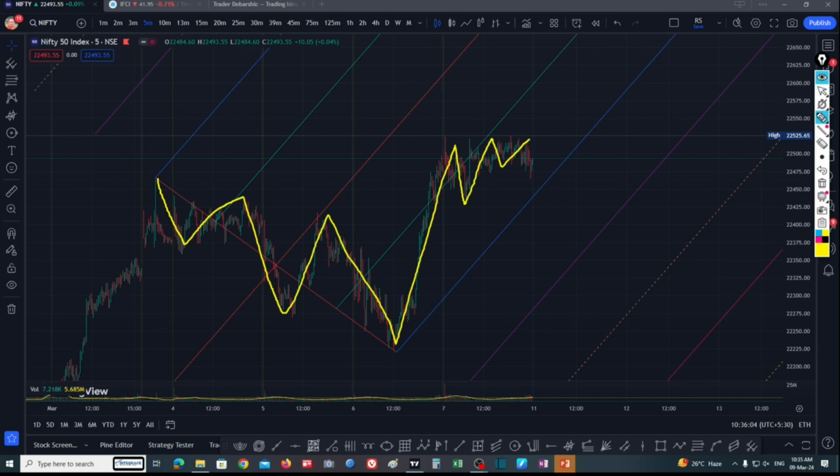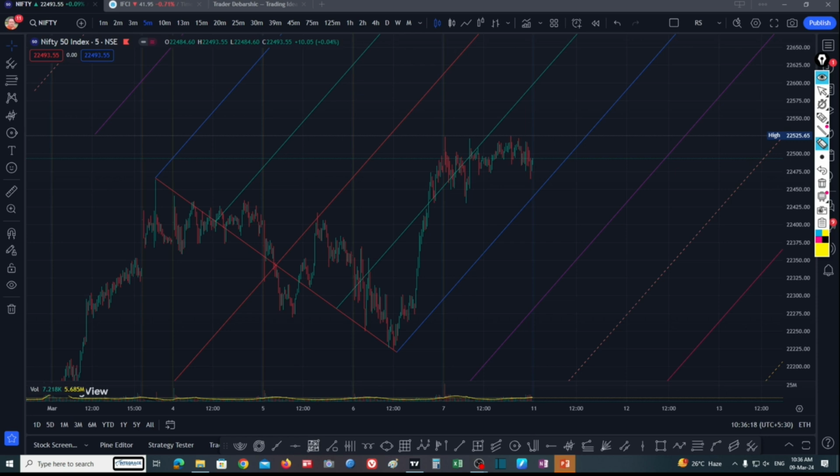after touching over here, it can move like that, or it can move like that also. So there are all probabilities.